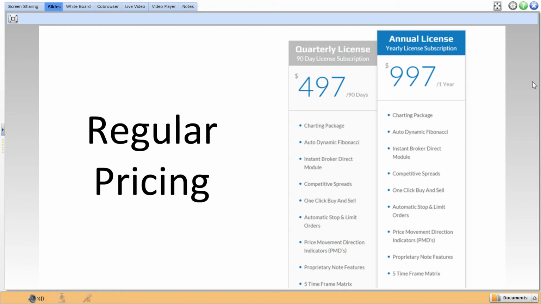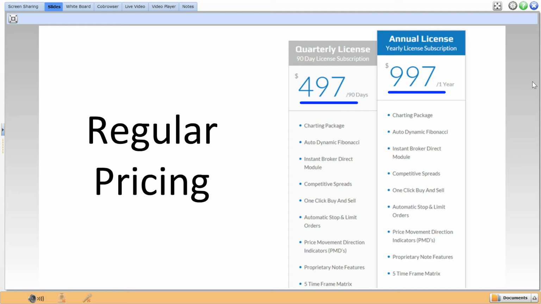With the Fxpm 2.0, you've got two options, and it's everything with the software. You've got your quarterly license, every 90 days, which is just a subscription base. And then you've got an annual license. There's no additional data feed or anything like that with this platform.